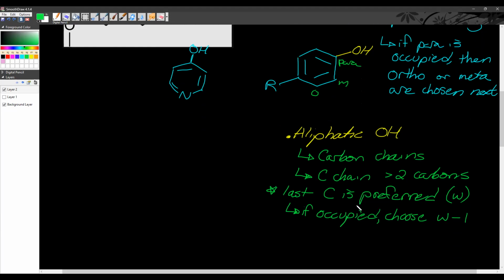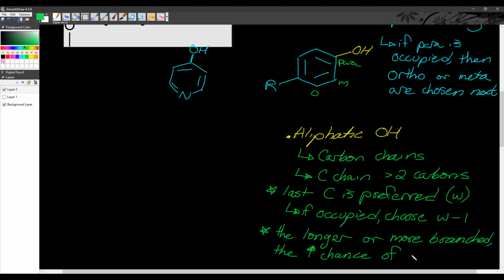The last point that we want to make about aliphatic hydroxylation, and this is the big thing about aliphatic, is the longer the chain, or more branched, the increased chance of aliphatic hydroxylation.